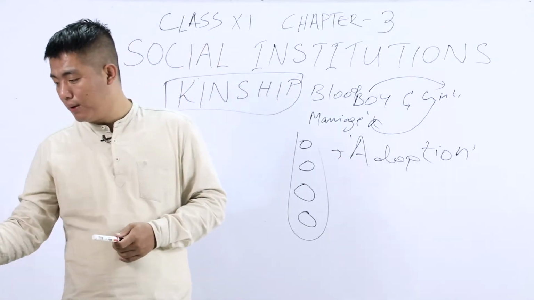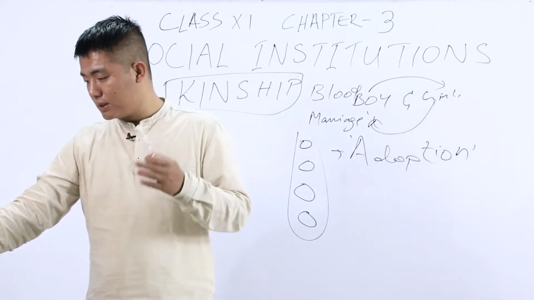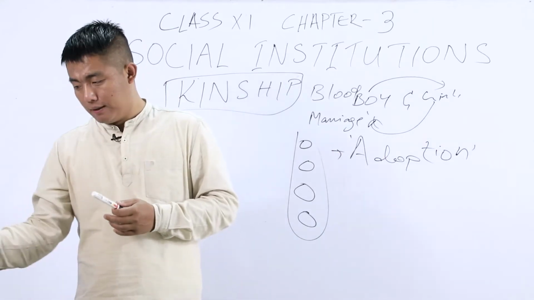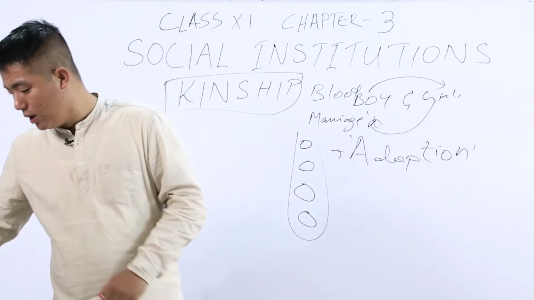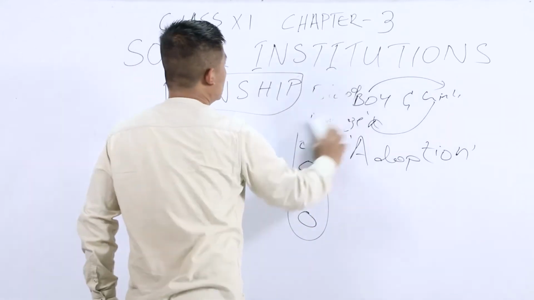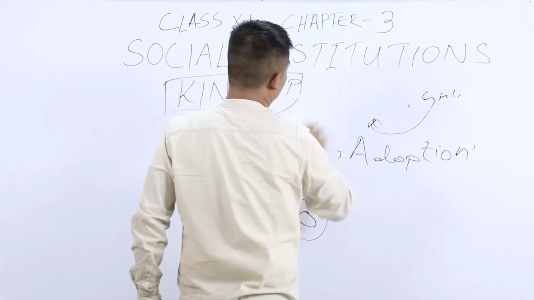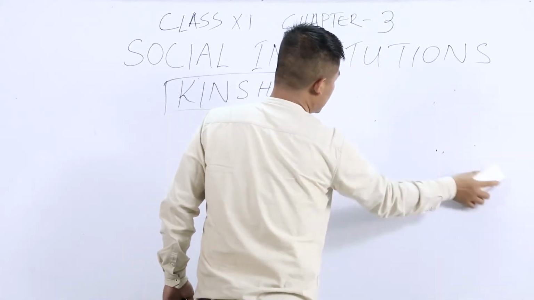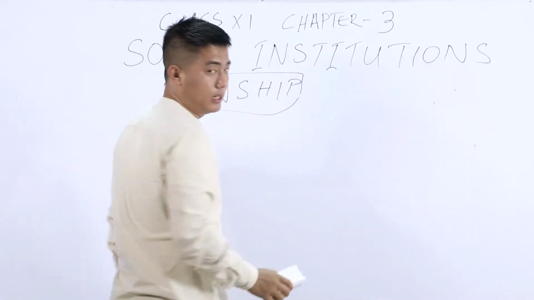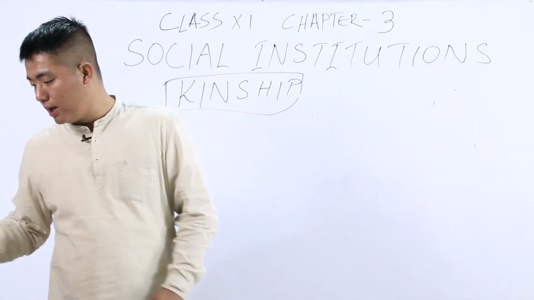Now we will be discussing a little bit about the types of kinship. We have basically two types of kinship here. The first one is called affinal, and the next one is called consanguineal. That is what we will learn today.